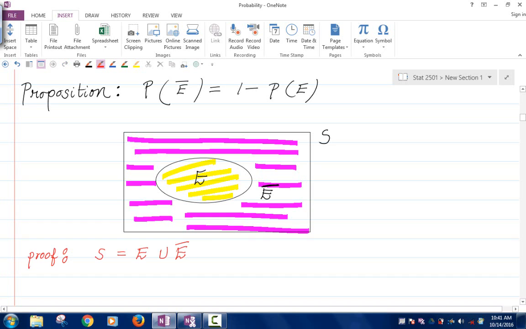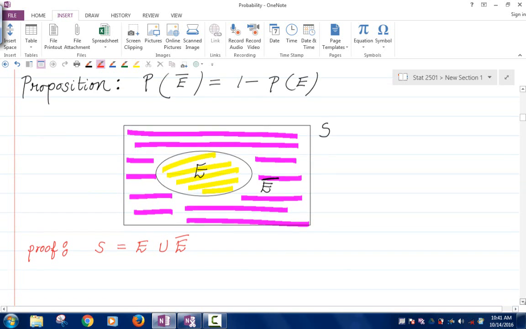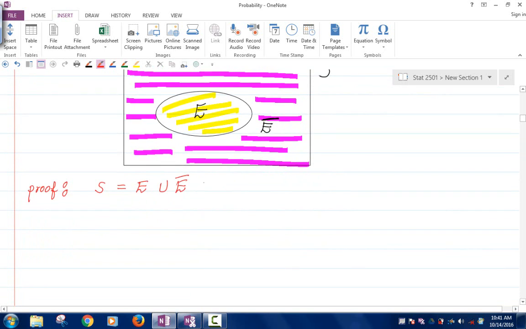Obviously, E and E complement are mutually exclusive. So this implies that the probability of S is the same as the probability of the union of E and E complement.